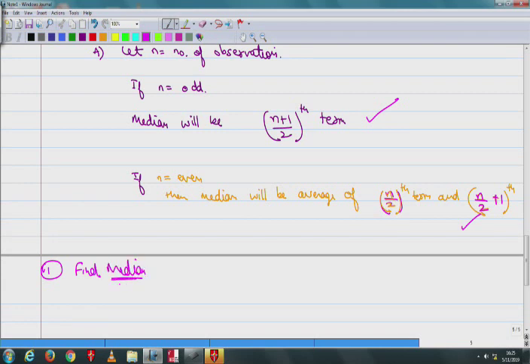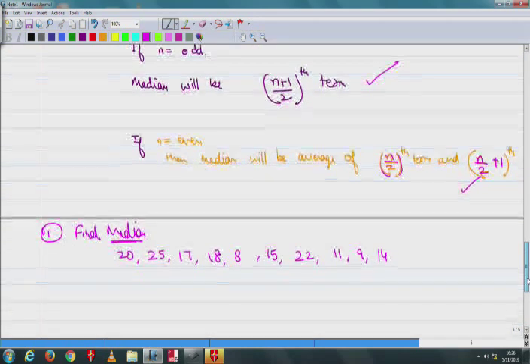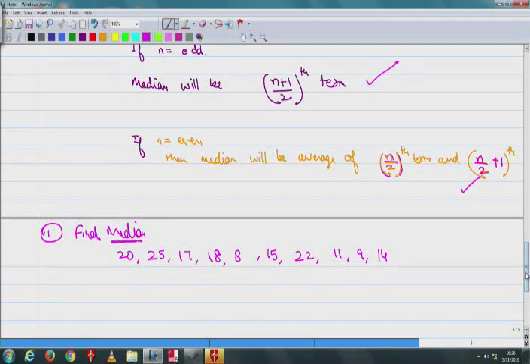Find the median of this data. This is the data given. Find the median of this.